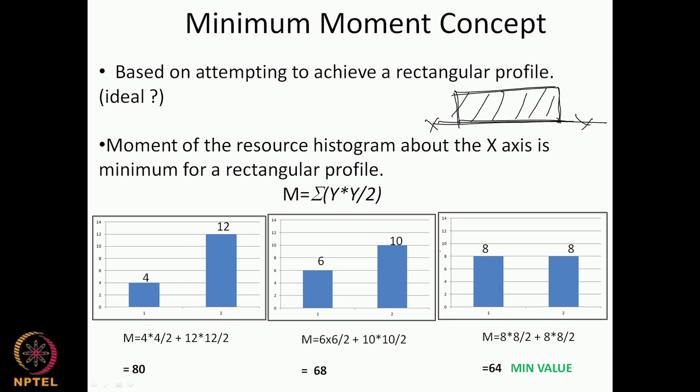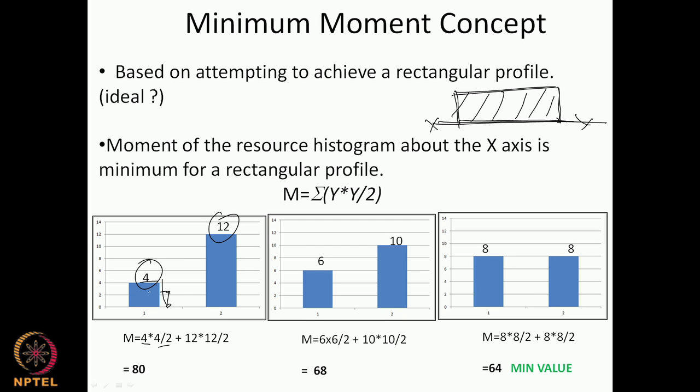And if we take an example here, we have just two resource profiles for 2 days. One is 4, the other is 12, and the total is 16. If I take the moment of this about the x-axis, it's 4 into 4 by 2, that is the height into the height divided by 2.